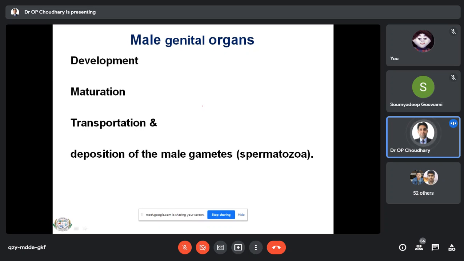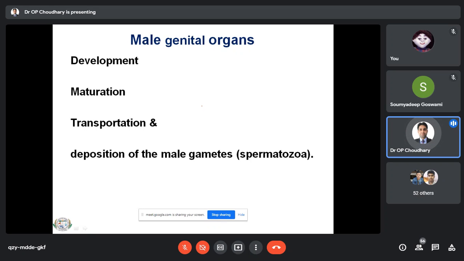What are the different male genital organs and what are the functions of these organs? So the male genital system is for the production or formation of the spermatozoa, and spermatozoa are produced by the process of spermatogenesis, a process which occurs in the testis.